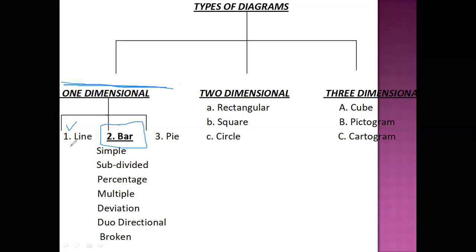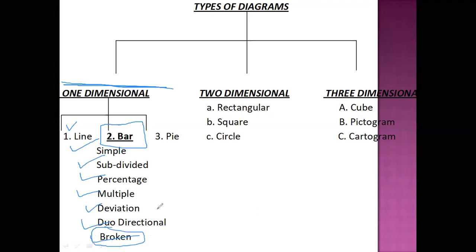Simple bar diagram we have seen, subdivided bar diagram we have seen, percentage bar diagram we have seen, multiple bar diagram we have seen, deviation bar diagram we have seen, duo directional bar diagram we have seen, and today we will learn about broken bar diagram.